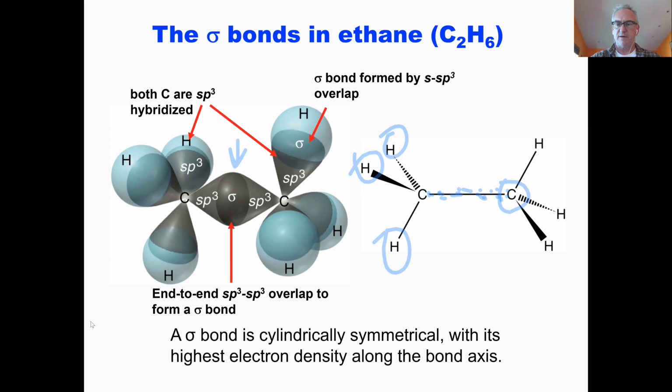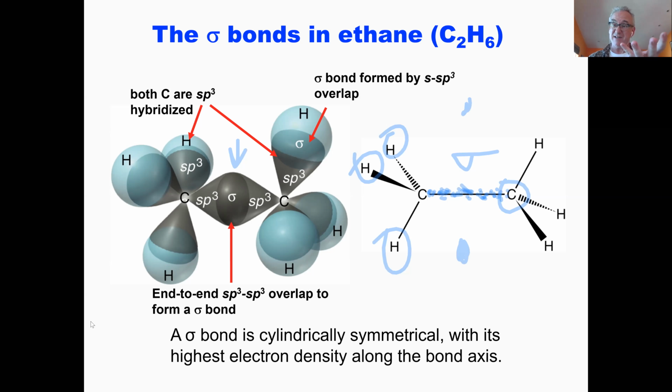And so there's direct, this is a sigma bond, because all single bonds are sigma bonds. And so you have direct overlap of those orbitals. That's where the electron density is going to be, right in between those atoms. Not out here, not out here, right in between.